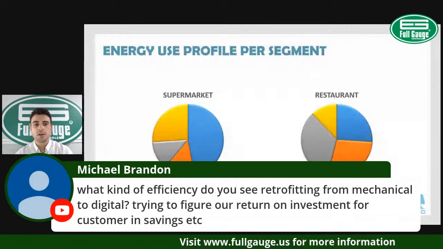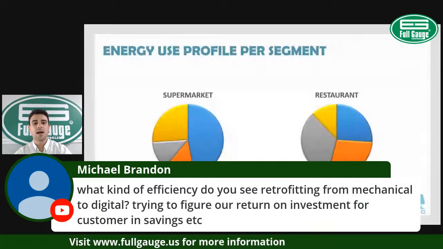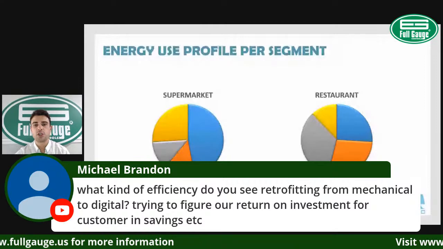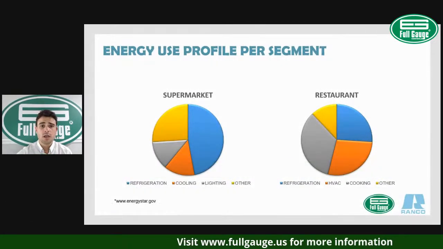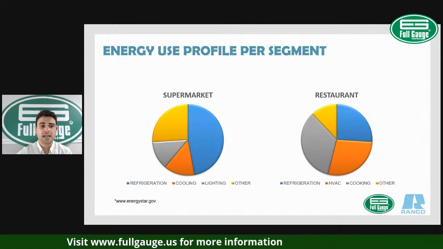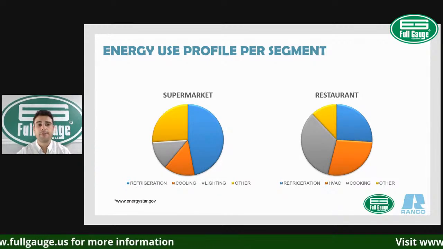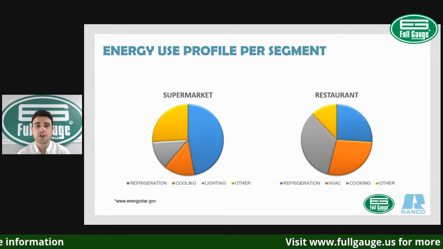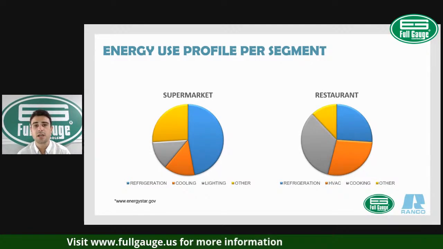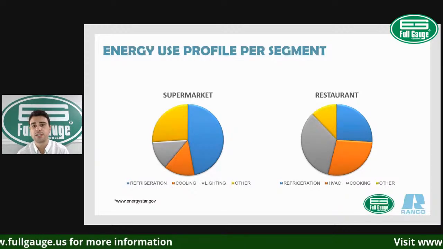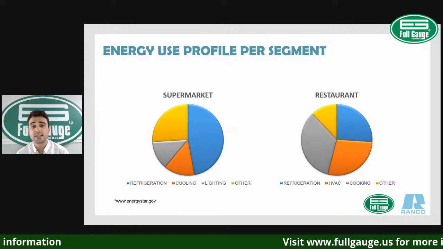Okay. Here was the question from Michael. What kind of efficiency do you see retrofitting from mechanical control to digital? So this is a study provided by Energy Star. If you go on energystar.gov, you're able to download those studies about energy consumption in supermarkets, restaurants, and other retail space.